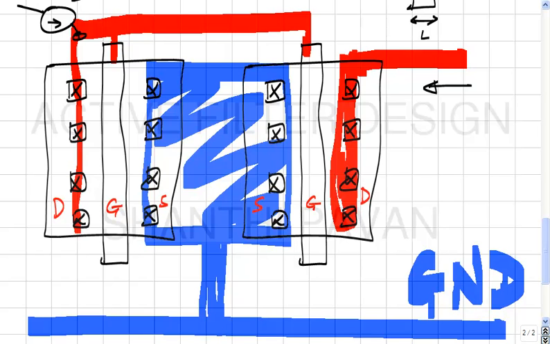I mean, in principle, this exactly replicates the schematic, right? And we would therefore expect that if this voltage was exactly the same as the VDS of M1, the current that flows through the source must be exactly this current, whatever input current there is.